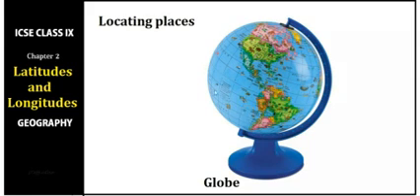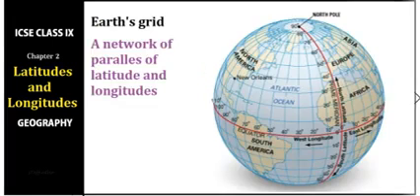Globe is the representation of Earth. It is only for reading purposes and to let the student understand that Earth is spherical in shape. But Earth is actually not exactly spherical. Rather, it is an oblate spheroid. That means at the poles it is flattened, and at the equatorial region it is bulged.